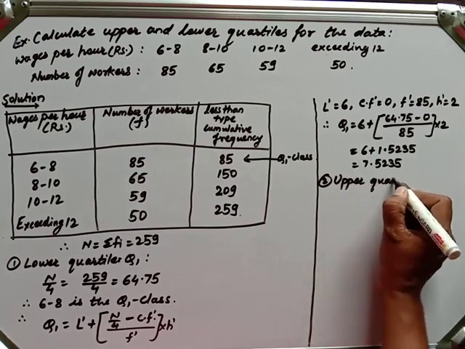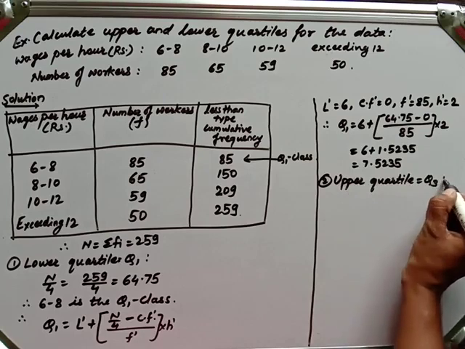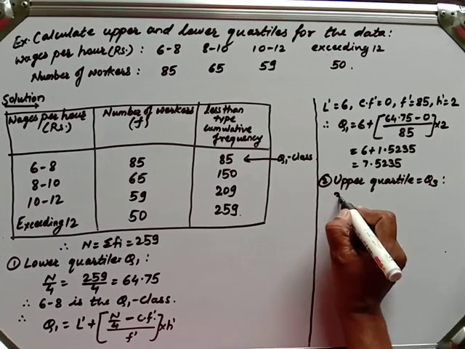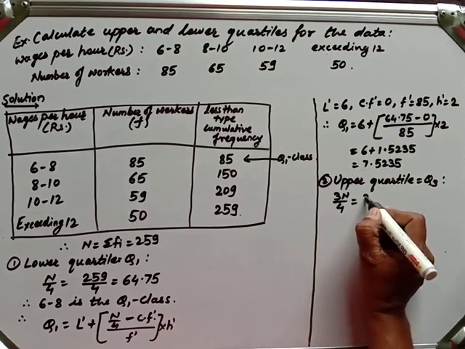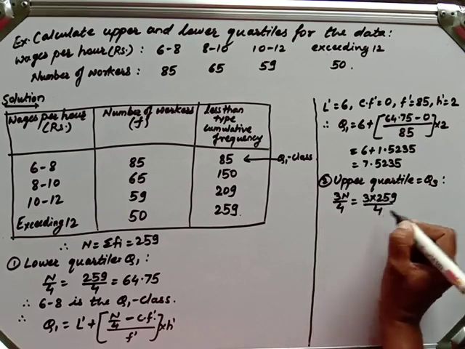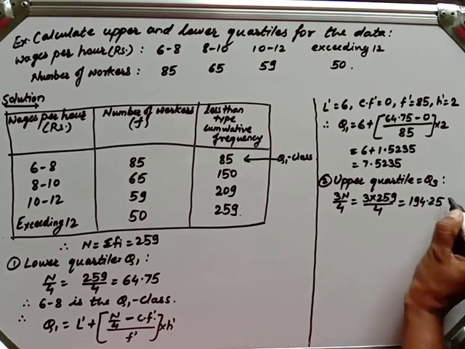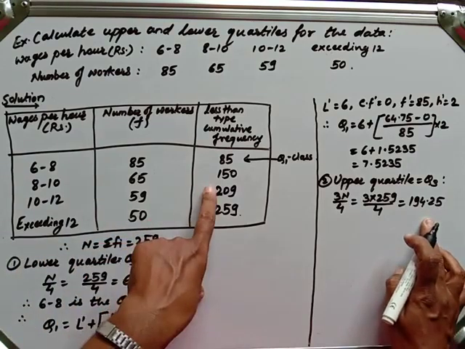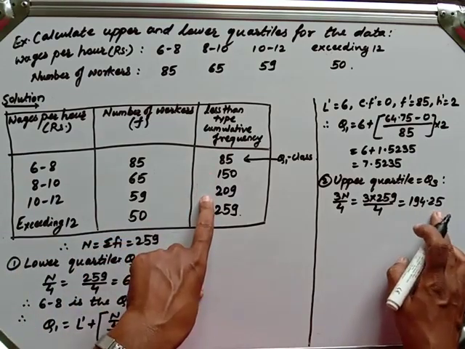Now let us see the upper quartile, Q3. For that we will calculate 3n by 4. 3n by 4 will be 3 into 259 upon 4, so it will be 194.25. Now we have to look for the cumulative frequency which is just greater than or equal to 194.25.